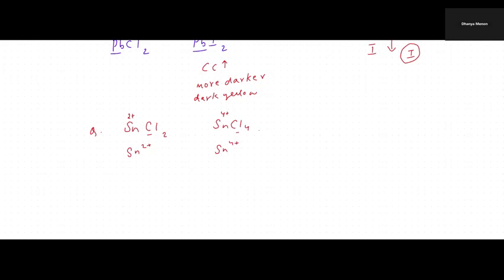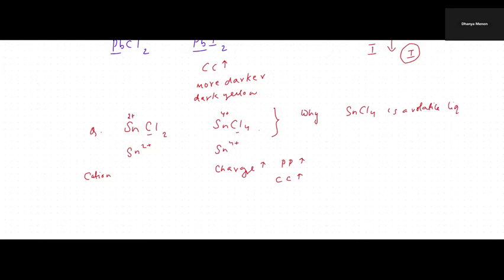Now, the greater the charge of the cation, the more the polarizing power is, and the covalent character is more. So my question is, why is SnCl4 a volatile liquid?